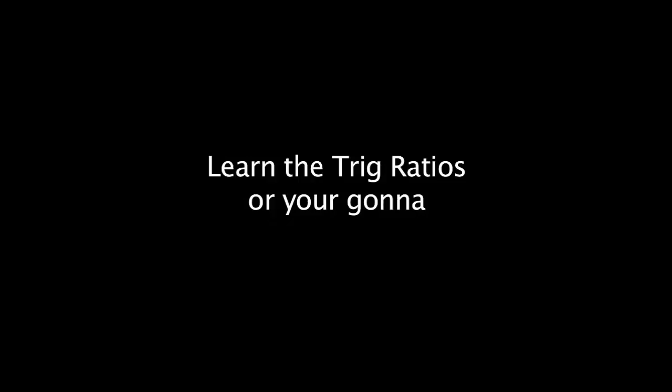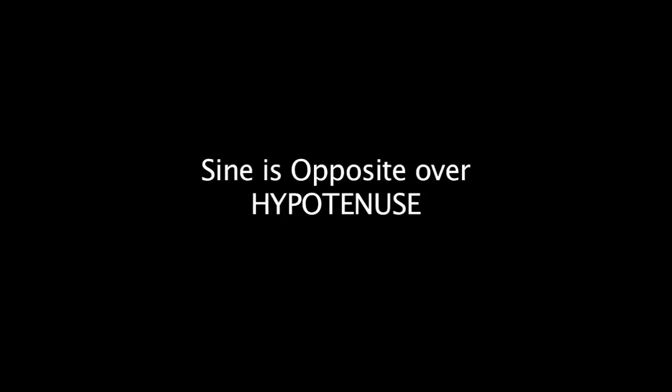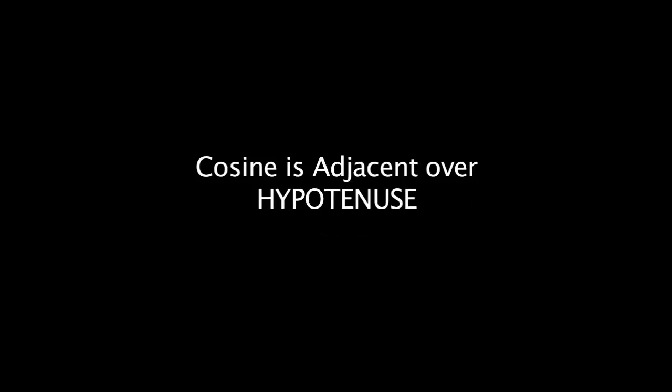Put it down from the whiteboard to my notebook. Learn the trig ratios or you're gonna lose. Sine is opposite over hypotenuse. Why you look confused? Which one you gonna choose? Cosine's adjacent over hypotenuse. We're not done yet. Don't get complacent. Tangent is opposite over adjacent.